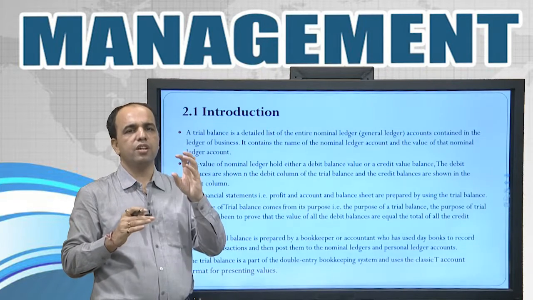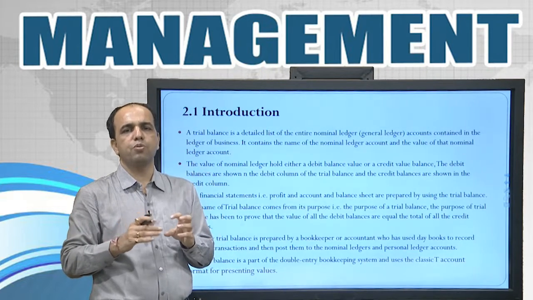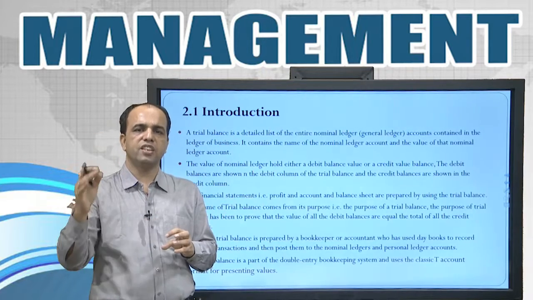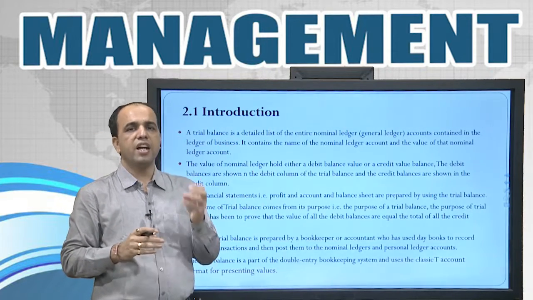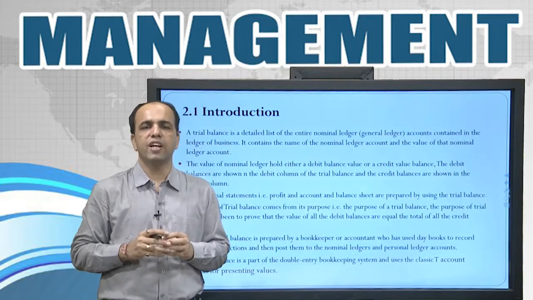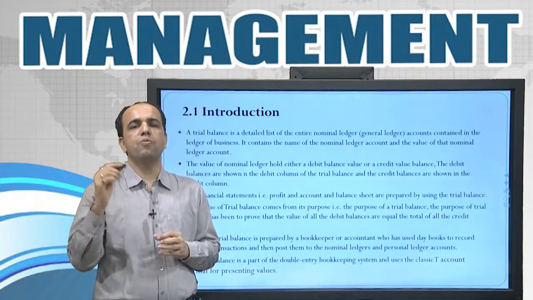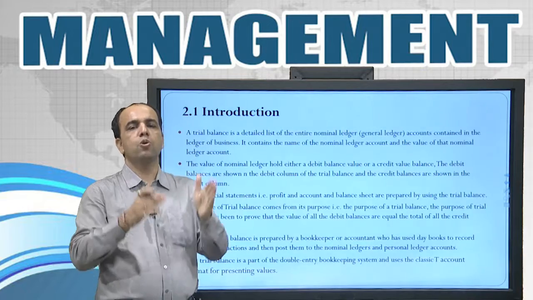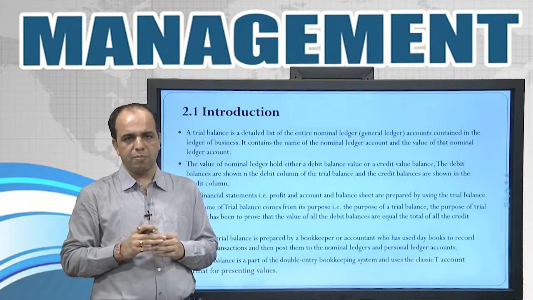Ultimately, we transfer the totals of subsidiary books to various ledger accounts and the remaining journal entries are posted to various ledger accounts. At the end of the year, we have to find out the balancing figure of various ledger accounts, and from those balances we prepare one account which is called trial balance.